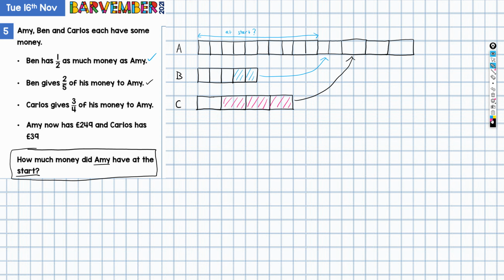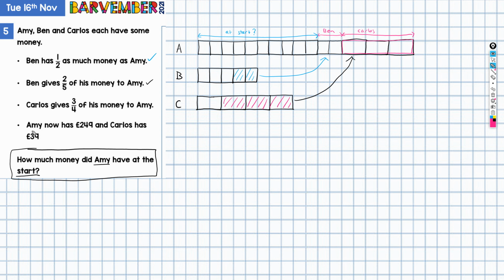Okay, and in fact, what I'm going to do is use that color just so that I'm clear which money is which. So this is from Carlos, and this bit was from Ben. Okay, so Ben and Carlos.